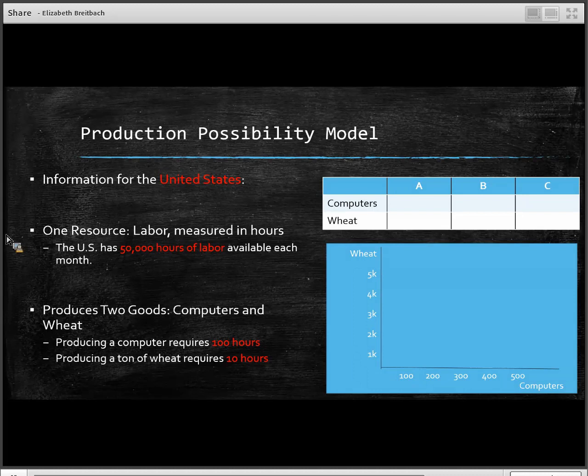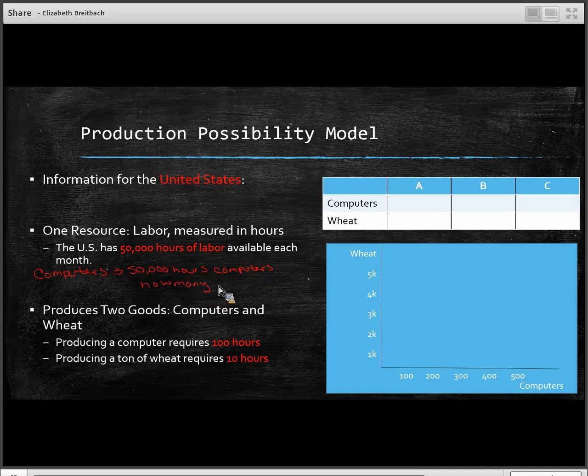So let's look first at if we spent all of our time producing computers. That means we're putting 50,000 hours towards the production of computers. And so if we spend 50,000 hours building computers, how many computers can we build, right?